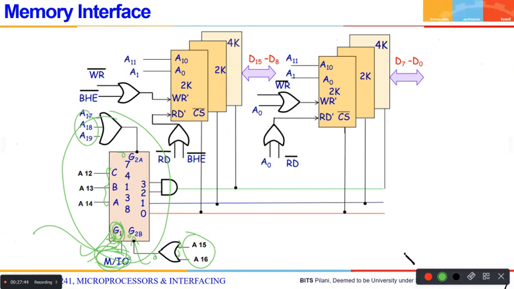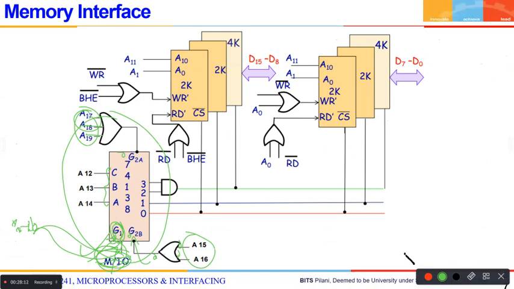Another option is you give only two, A17 and A18, here. A19, what do you do? Connect an inverter and give it to this. You can do that. Yes or no? No one has answered me this question. My question is, if I don't have to use memory slash IO bar, what's the other option to make this one for this address?